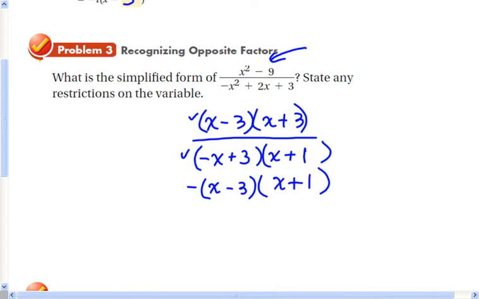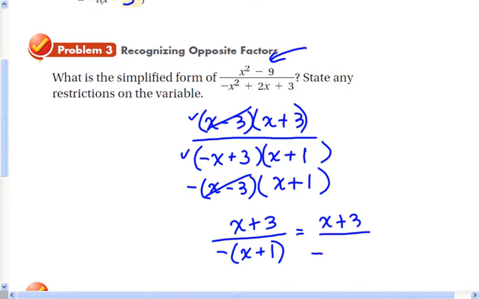And now I can cancel these two. And so what I end up with is x plus 3 as my numerator, and my denominator I end up with -x plus 1, which if I don't want that negative sign in there, I can distribute that and just make it x plus 3 over -x minus 1.